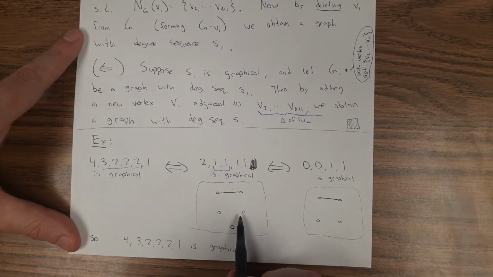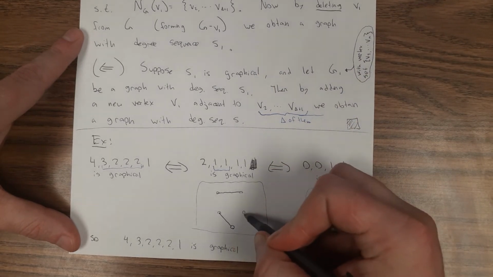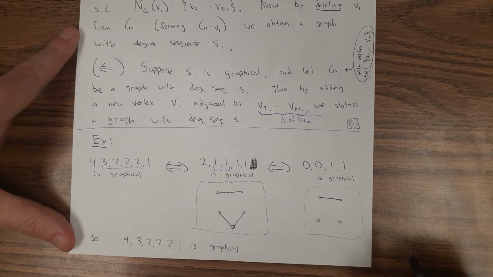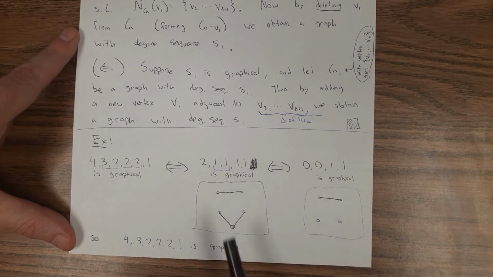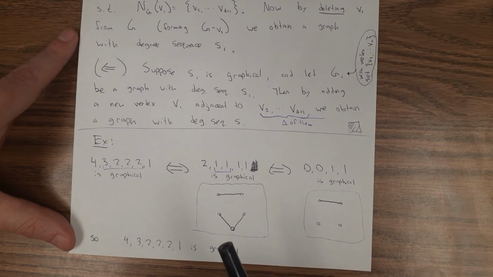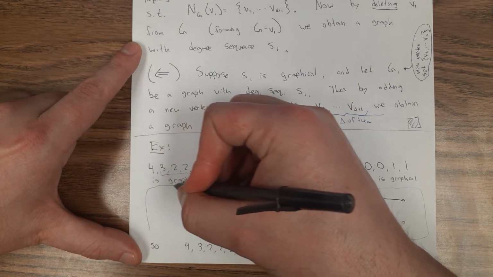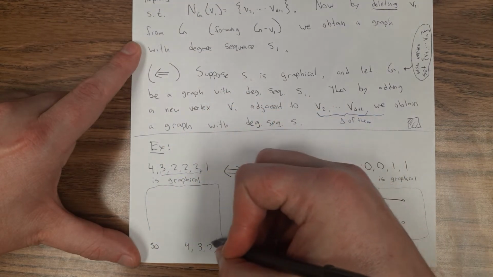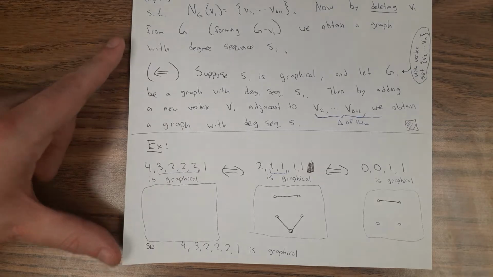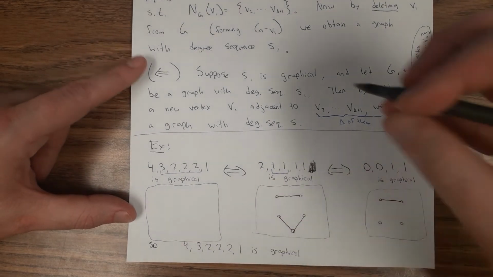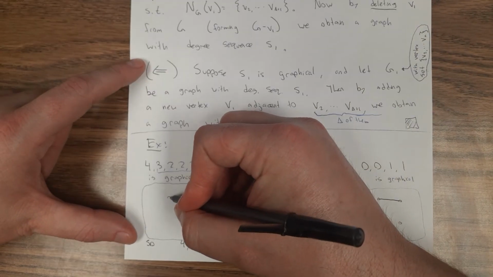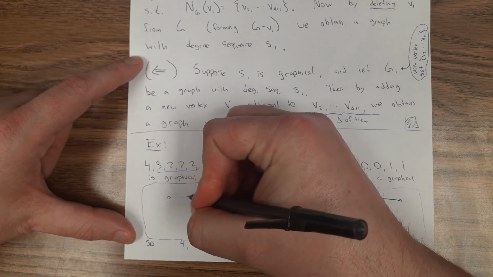In other words, it's these. So here's a graph with degree sequence 2, 1, 1, 1, 1. Finally, I can do it again. I can draw the graph that I had.